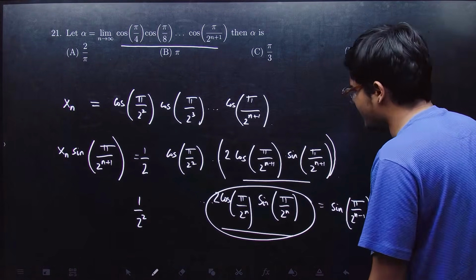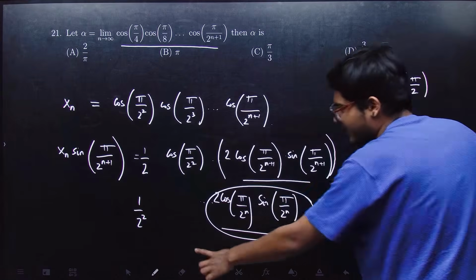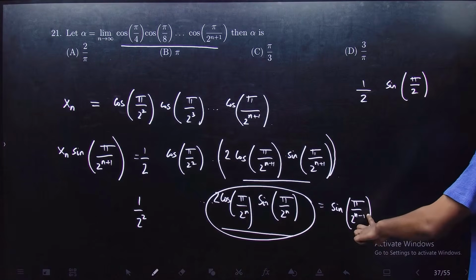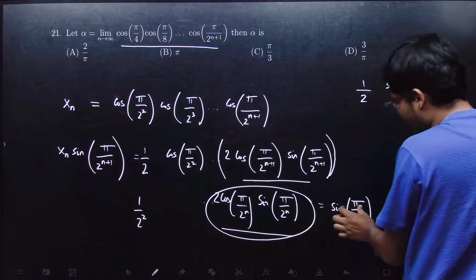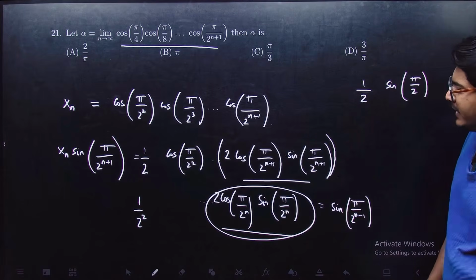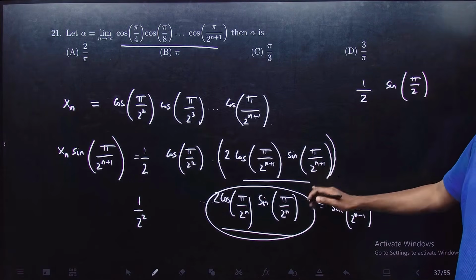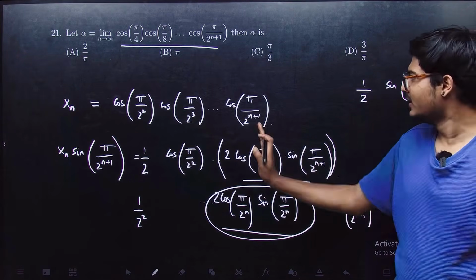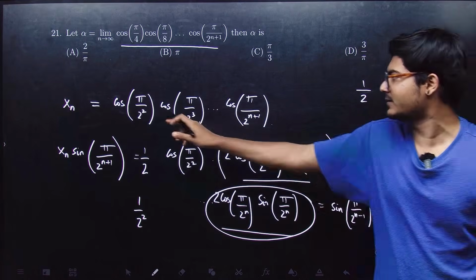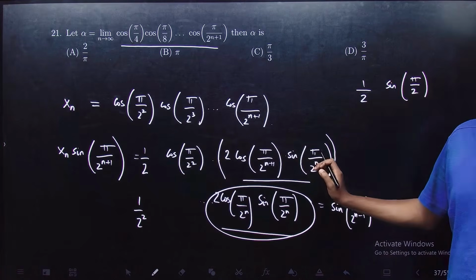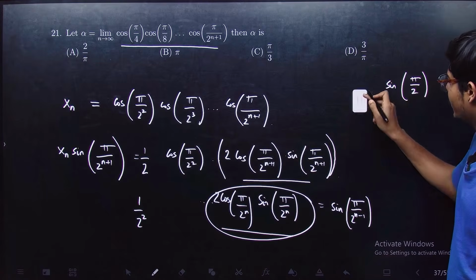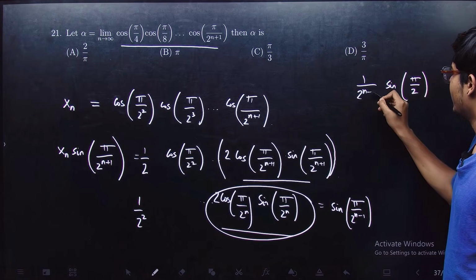Now observe that the power of 2 here and the power of 2 in the denominator, if you look at their sum, it's always going to add up to n plus 1. For example, when you multiply by sine, this was 1 by 2 power 0, 2 power n plus 1. So ultimately the power here should be 2 power n plus 1, and this quantity is just 1.